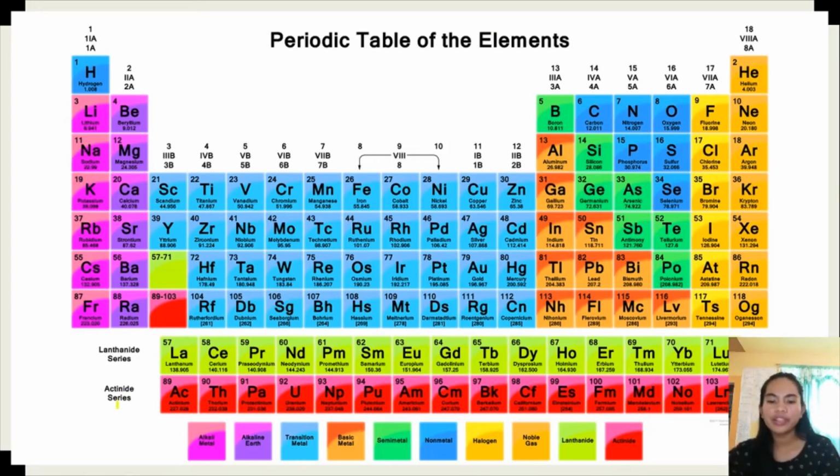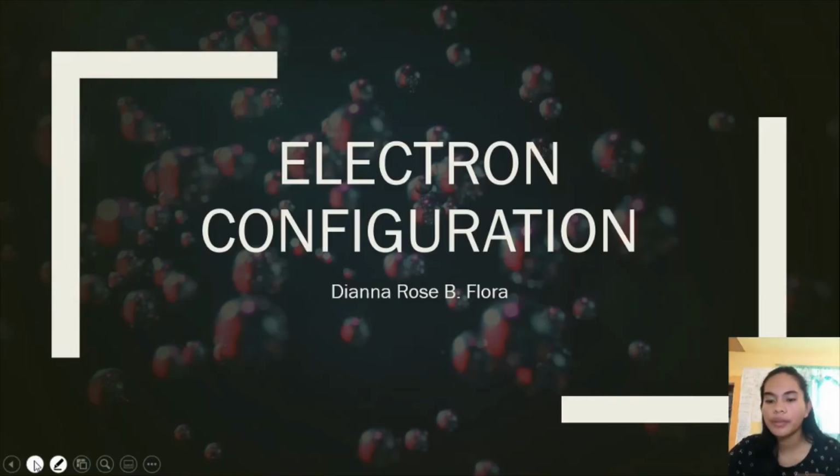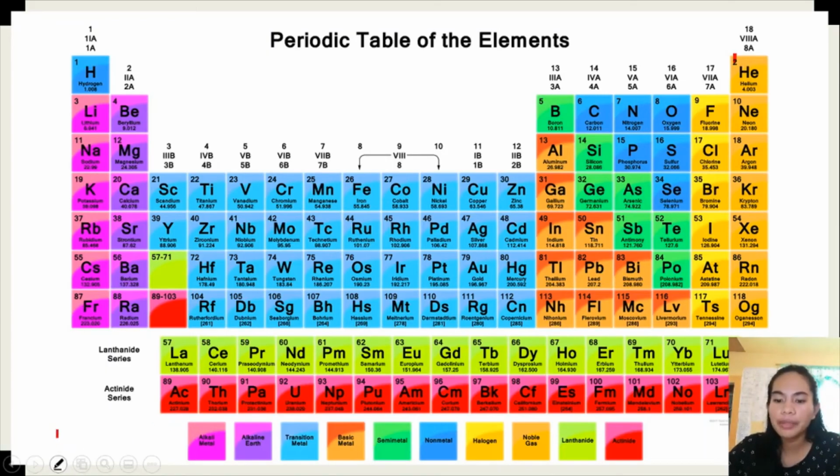We also have here your noble gases. When we say noble gases, it means that they no longer need any other element for them to thrive.